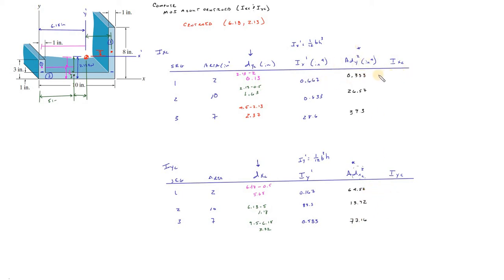I'm just adding these up together, which I get 0.7, 27.4, 67.9, which gives me a grand total of 96 inches to the fourth for the moment of inertia about the centroid in the x or the x prime axis. Then I got 64.7 here, 97.2 here, and 77.7 there. Add those up for a grand total of 239.7 inches to the fourth, and that's my Iy of the centroid.